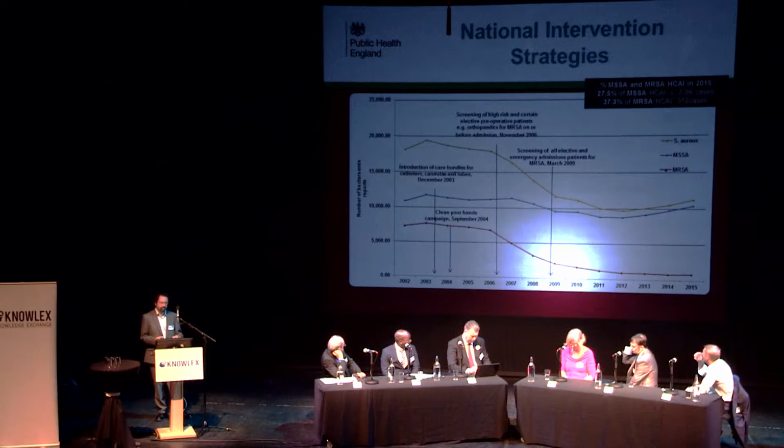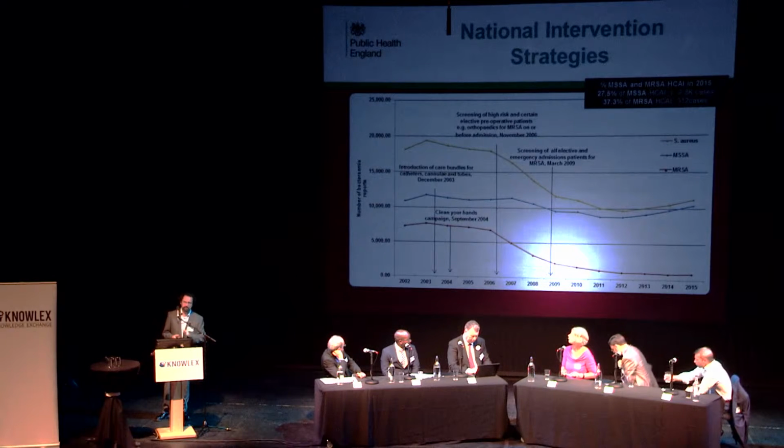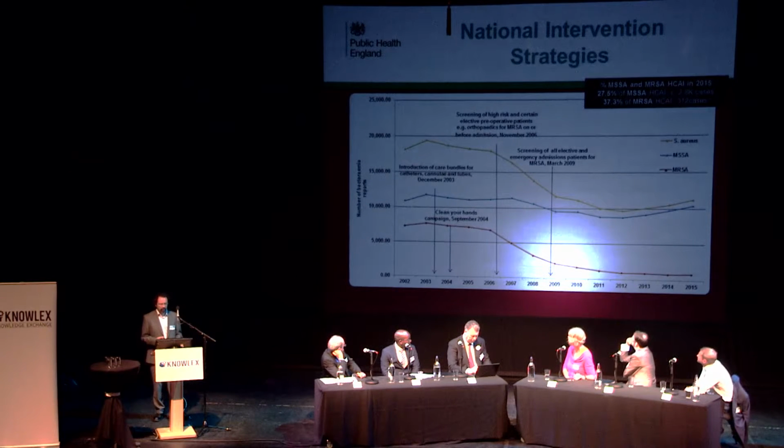We had a Clean Your Hands campaign in 2004, and there's been subsequent calls for that. And then specifically targeting MRSA, in November 2006, we had screening of elective patients. And then in 2009, we started screening all patients. You can see those national interventions against the decline of MRSA there.